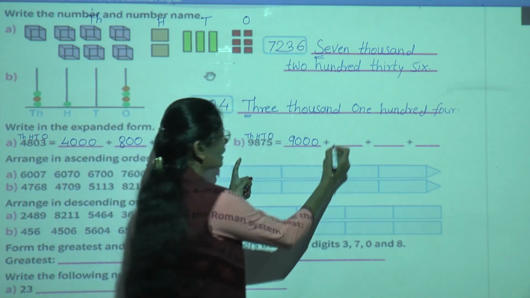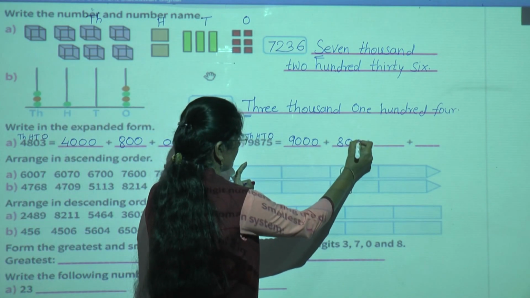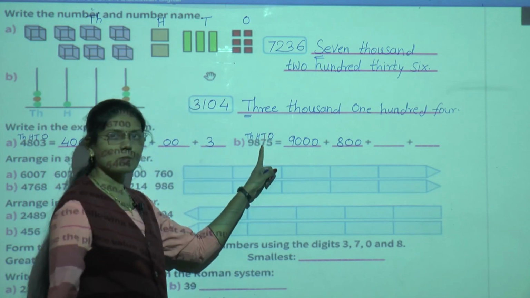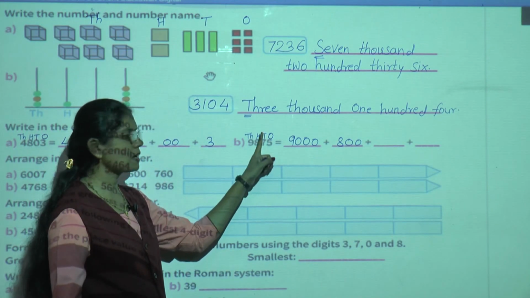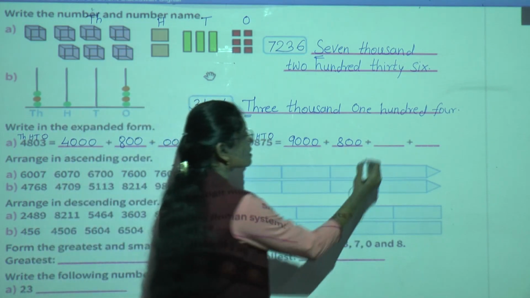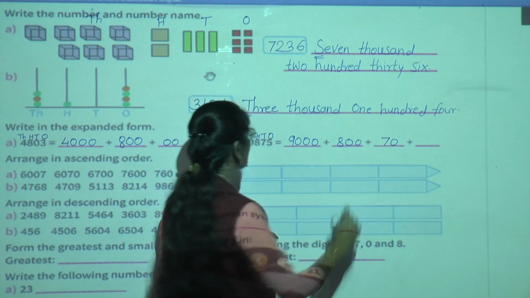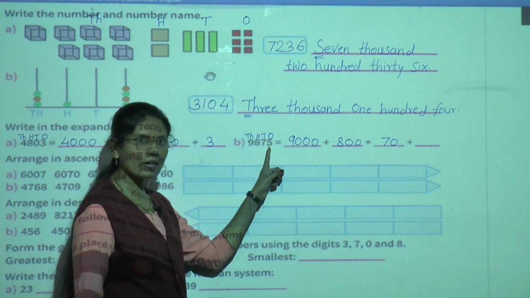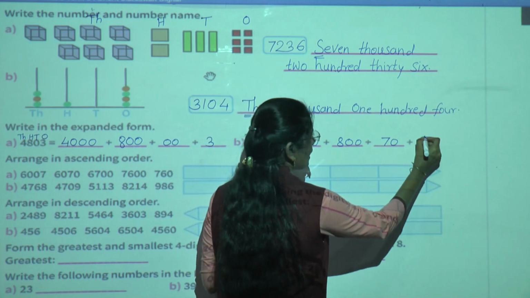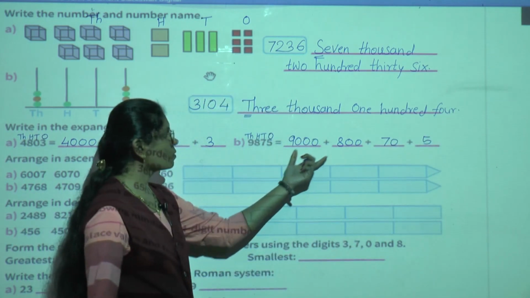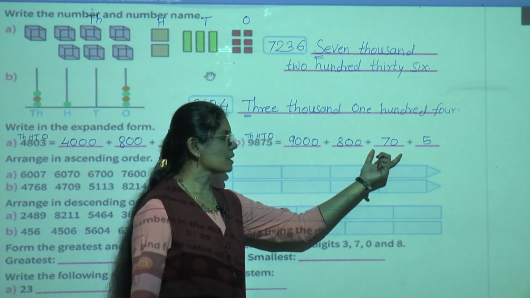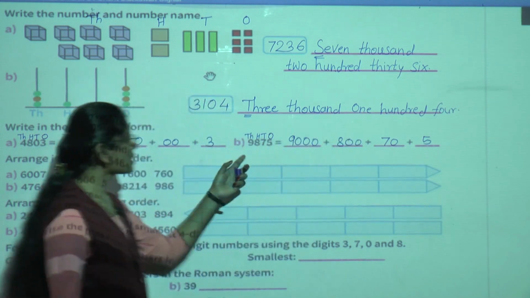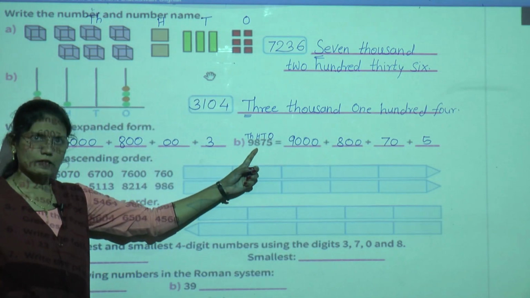So place value of 8 is 800. Plus, at tens place 7 is there, means 70. Plus, at ones place 5 is there, so we will write here 5. So 9000 plus 800 plus 70 plus 5. This will be the expanded form of this number.